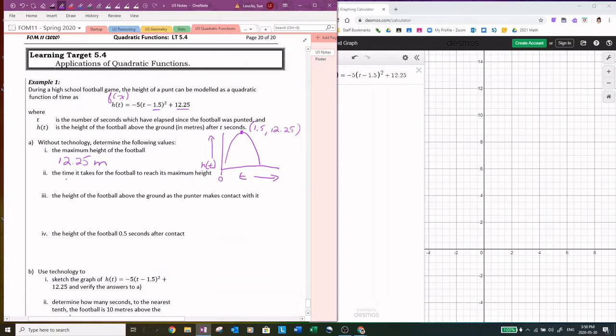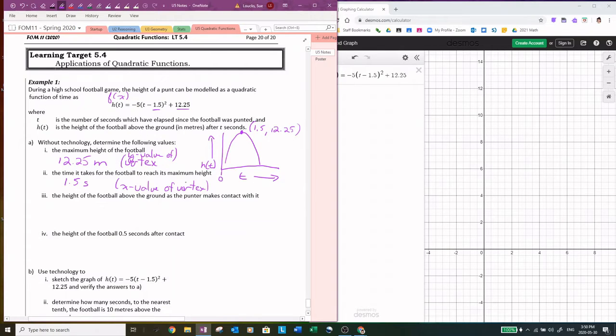Well, 1.5 seconds. We just pull that right off of the graph or the equation, okay? And let's write this. This is the vertex. This is the y value of the vertex, and this is the x value of the vertex.